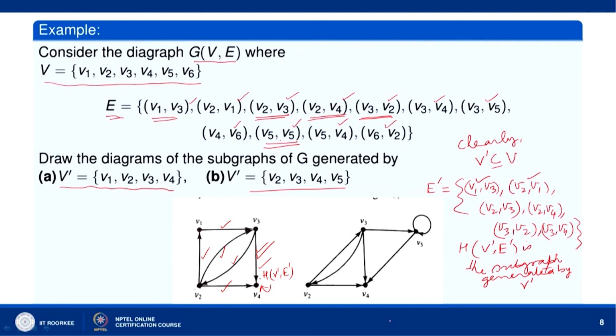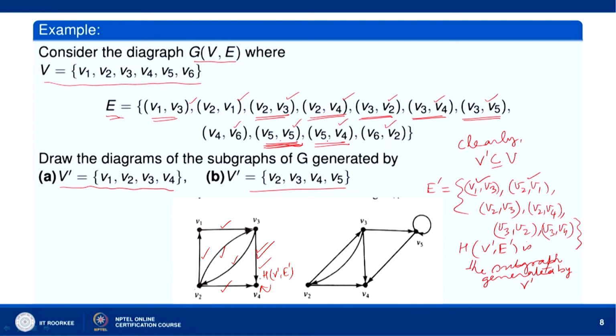And then B3B4. We can consider this one, B3B4, and then B3B5. This is B3B5, and then B5B5 we can consider. Then B5B4 we can take. So, 1, 2, 3, 4, 5, 6, 7. There are 7 edges.